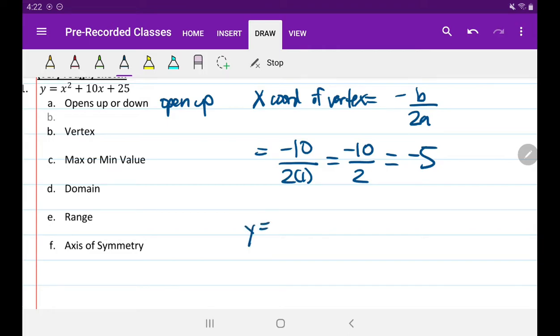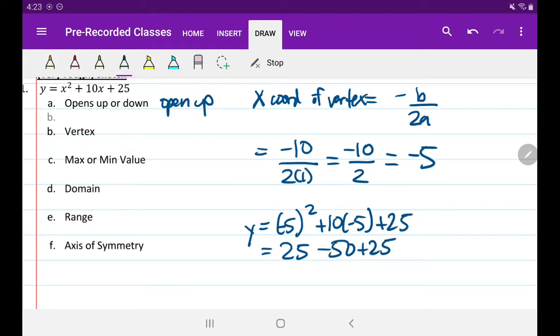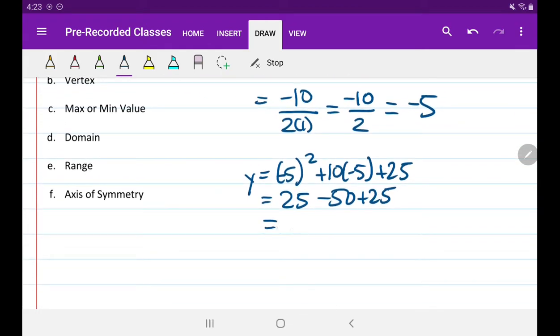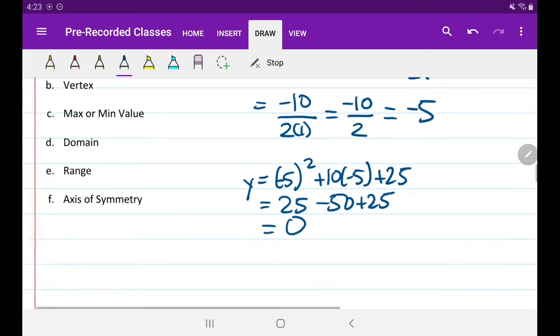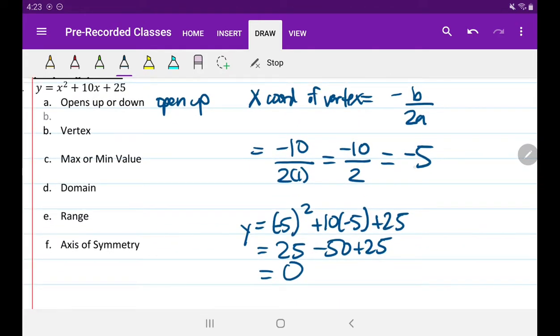So then y is going to be negative 5 squared plus 10 times negative 5 plus 25. So that'll be 25 minus 50 plus 25. So let's see. That's going to simplify to 0. Okay? So the x of our vertex is negative 5. The y is 0. So then we say our vertex is negative 5, 0.